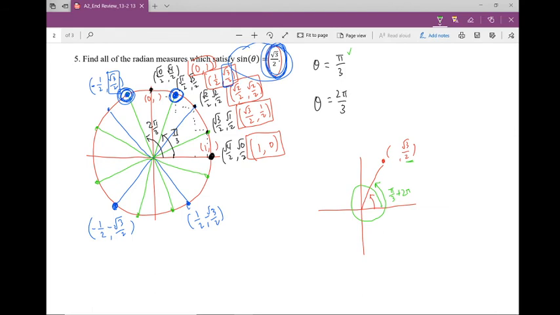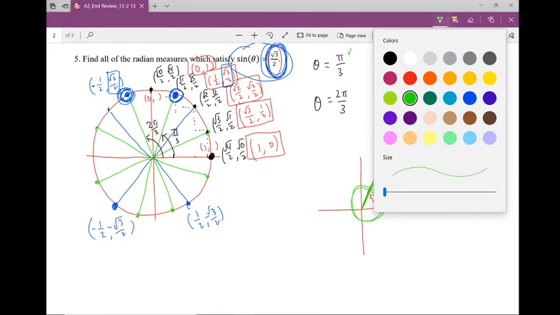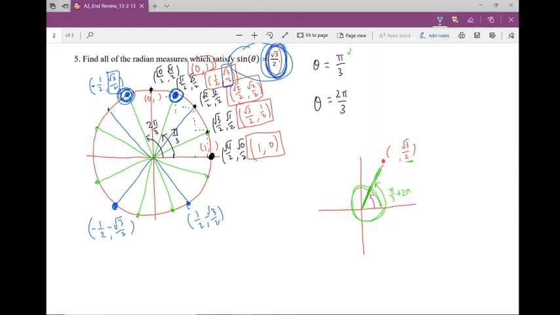It's in fact going to include every number that ends on this terminal side. So whether I go forward a full circle before going that pi over 3, or backwards a full circle before going to pi over 3, it doesn't matter. We still end up at square root 3 over 2.